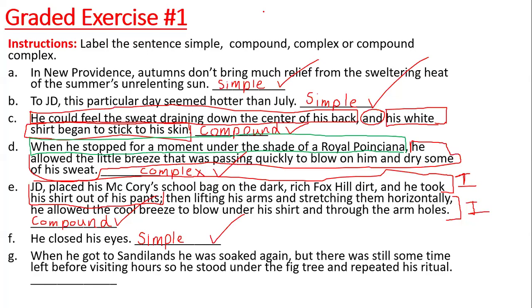And G: When he got the silence, he was soaked again, but there was still some time before visiting hours. So he stood under the fig tree and repeated his ritual. Okay, so this one, when he got the silence, that's a dependent clause because it starts off with when.